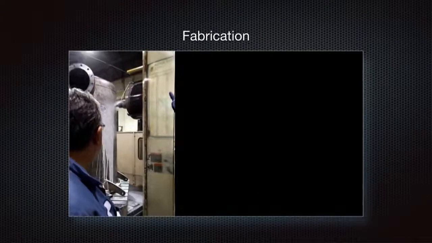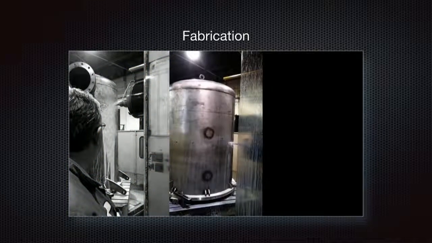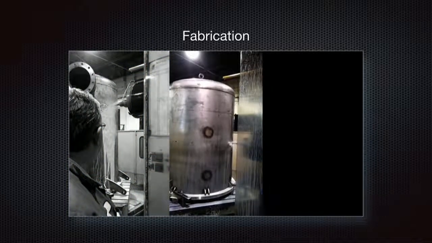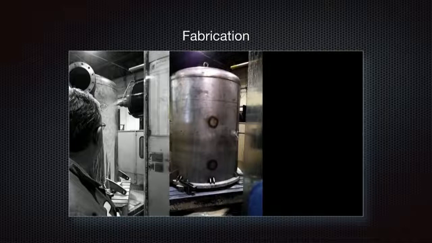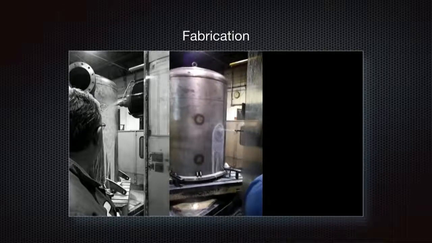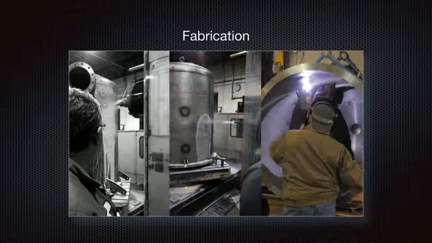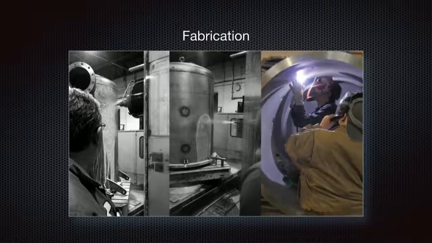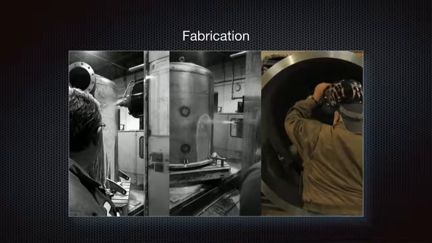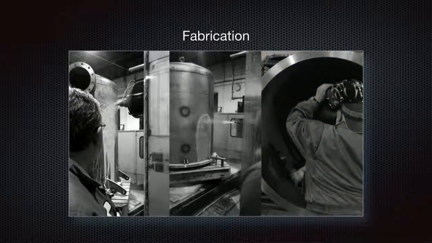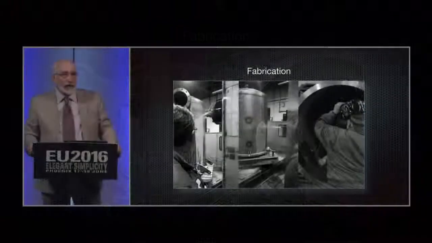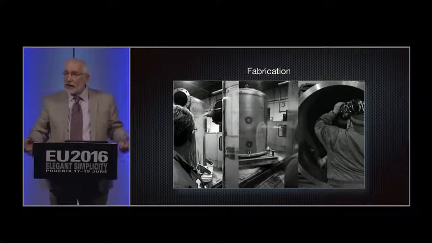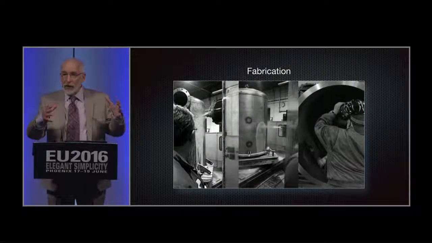And it's really cool to see how things are made. So when we go to fabricate things, ultimately you have to get the raw materials and the parts, and they have to be machined.